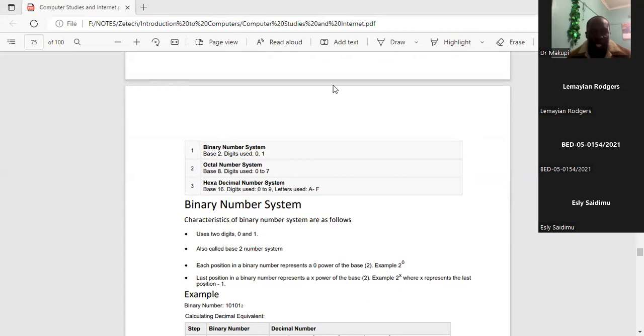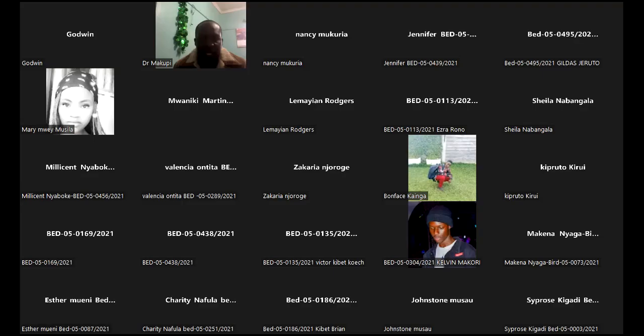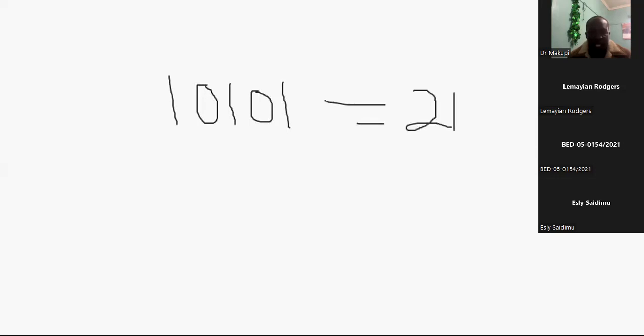So as soon as you write any binary number, for example, I would write like 1, 0, 1, 0, 1 like that. This is 21, base 10. If I'm representing this, this is the decimal equivalent. This is a binary number. See?